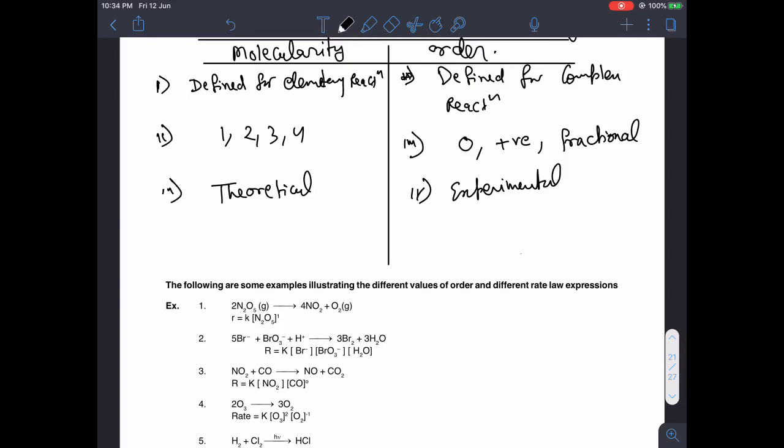Now, the most important line is, can we say that order may or may not be equal to molecularity? Yes, it may be equal to molecularity only in the case of elementary reaction. Right? Because for an elementary reaction, if you write the rate expression, you simply take the stoichiometric coefficients, and molecularity is the sum of the stoichiometric coefficients for the elementary reaction.